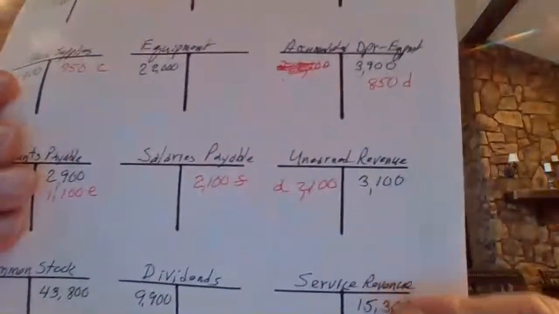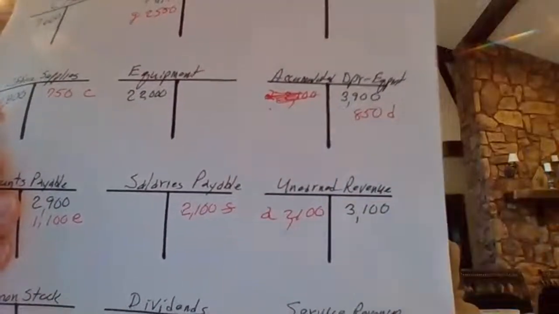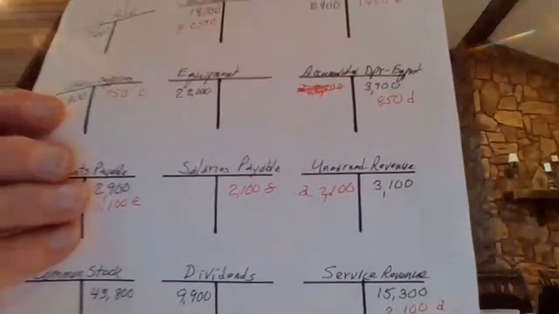So you can see service revenue had two adjusting entries affecting the credit side. All right, so now we have to go through our T accounts in our general ledger and compute new balances for them, and then just write down all those accounts and do the trial balance. So cash has not changed.